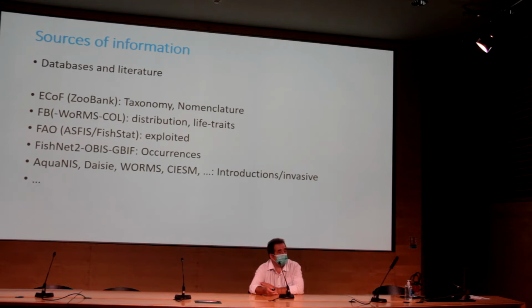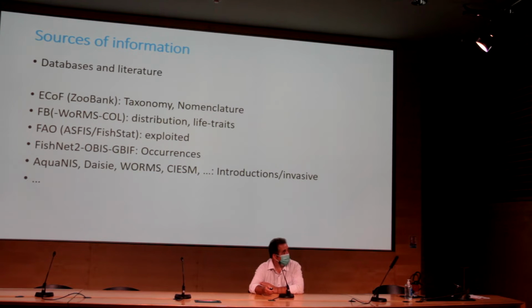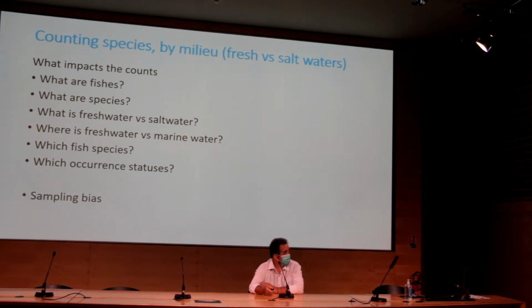And you can find as many numbers as you want to find. Often they are not the same, and sometimes they are contradictory. So, what affects the counting of species?